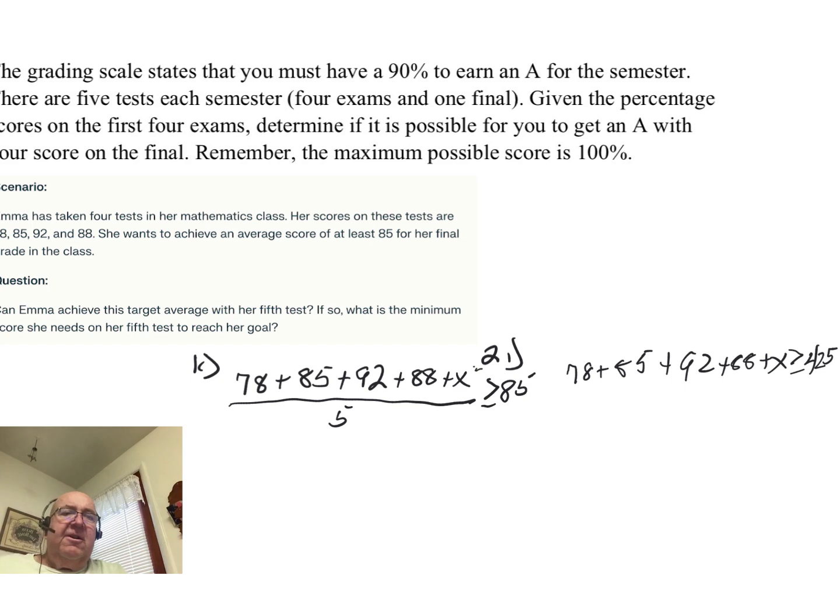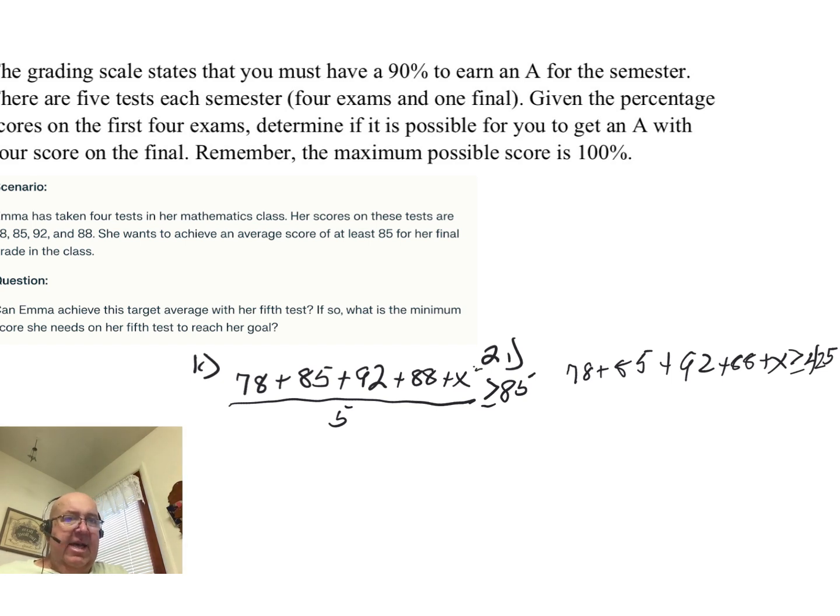So basically they're the same problem. In step number 2, I just multiplied by 5 to find out the total points that will give me that average, and step number 1 has me average the scores first.